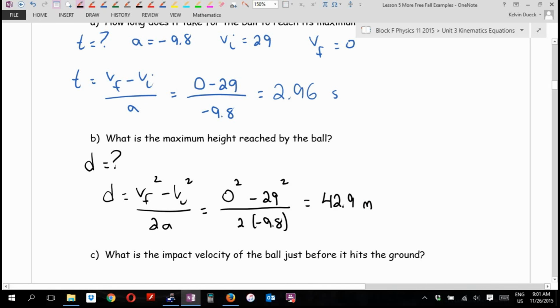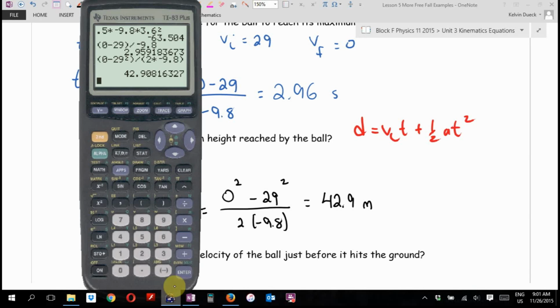By the way, let's suppose this was a test question. Hint, hint. I like this question. And you finished the test early. What I would do is I would really quickly go like this. Because that's another way to find distance, except that's going to use my time answer from part A. But if I get the same answer as I did doing it your way, then I know A is right.